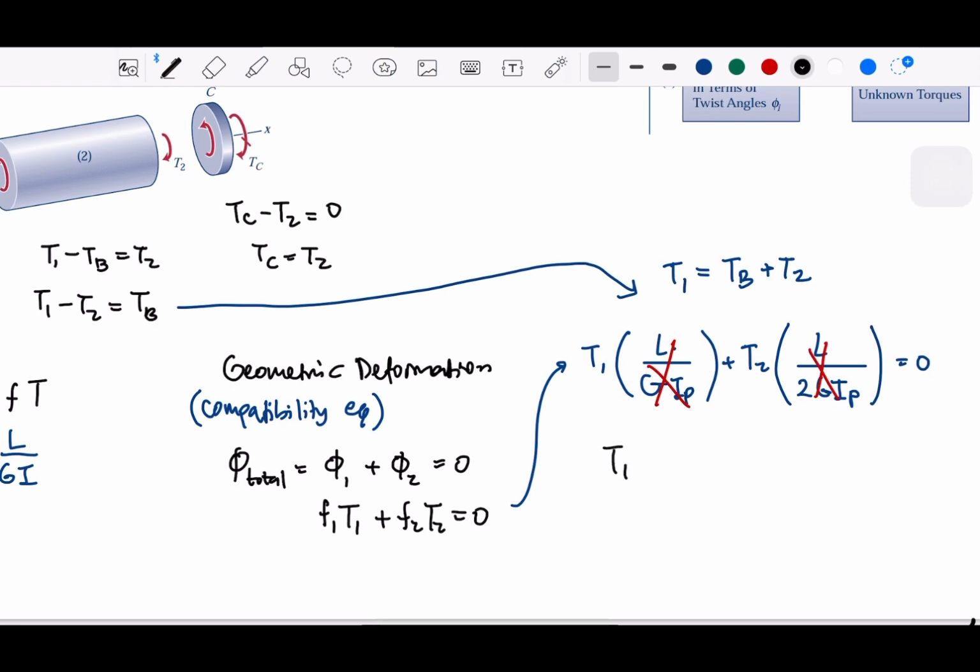So T1 is negative T2 over 2. And then we input TB plus T2 for T1, and we get that T1 will be TB over 3, and T2 is negative 2 TB over 3.